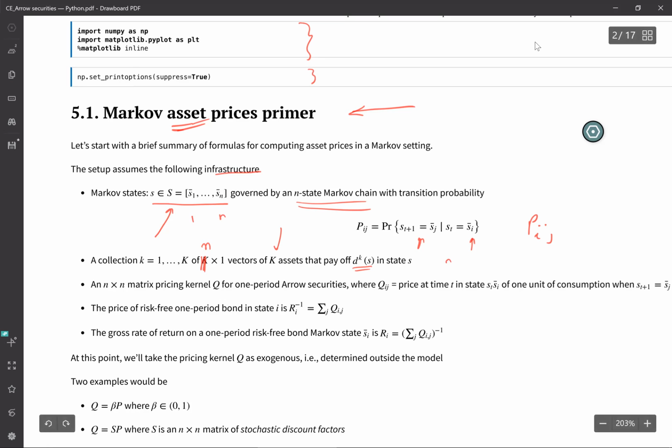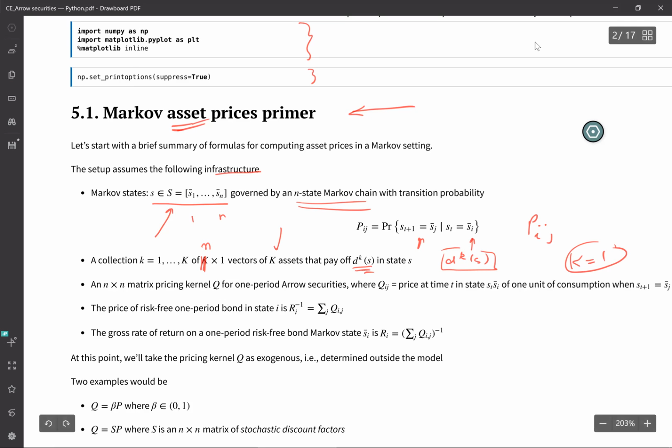So what dk of s is, it's the payoff, think of d for dividend, of the kth asset in Markov state s. If you want, you could just think of k equals 1, so there's only one asset, but almost no cost of having a set of assets.